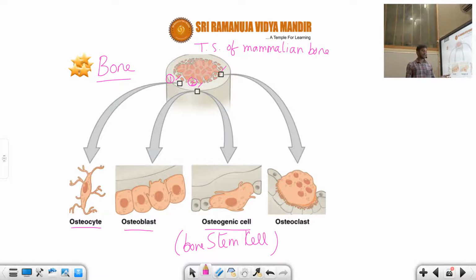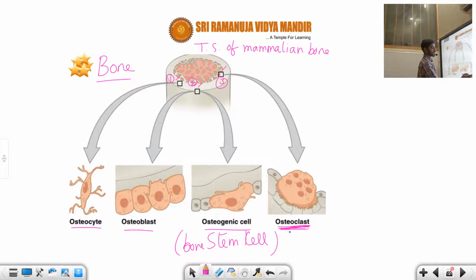The osteogenic cell has regeneration capacity. It represents the bone stem cell. The third part represents the osteoclast. It is a very important thing: here bone reabsorption is going on.